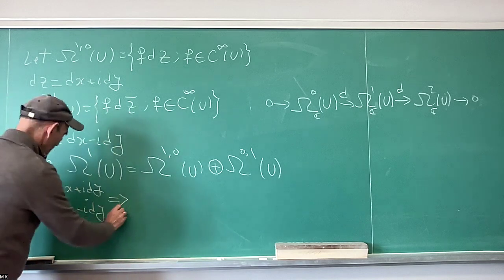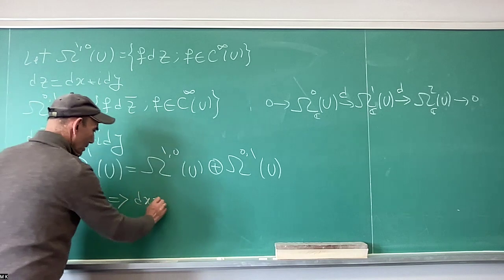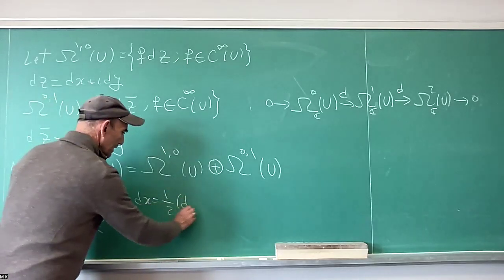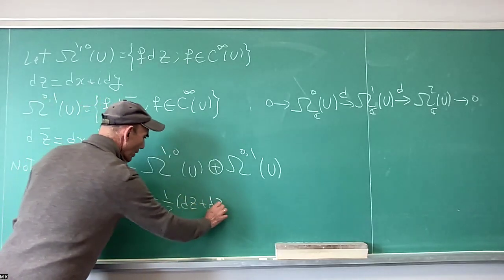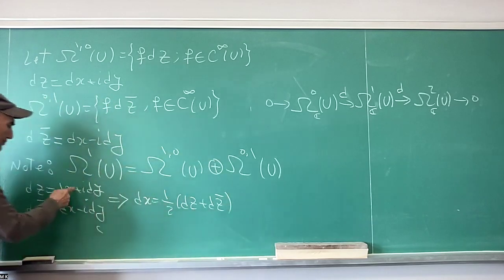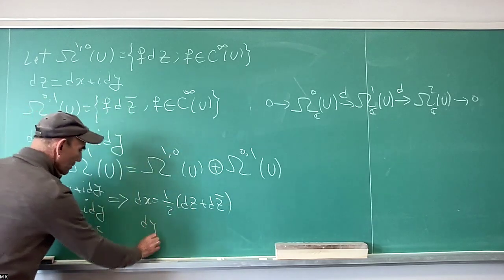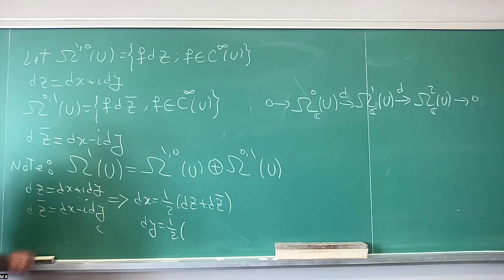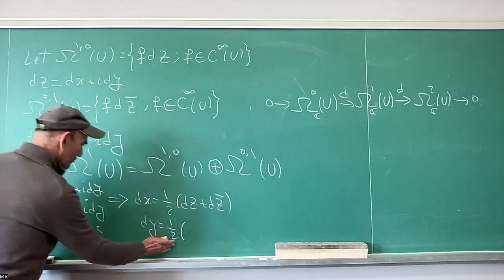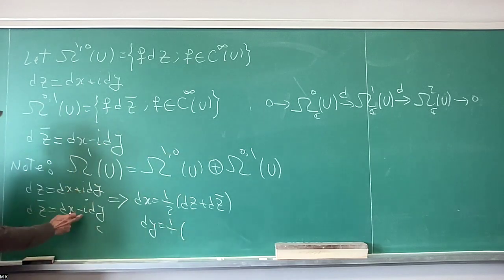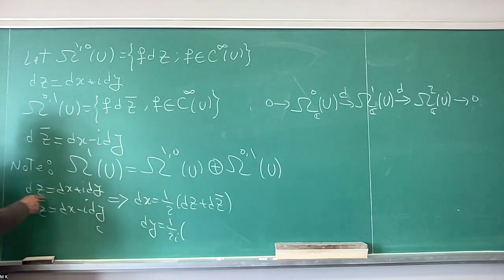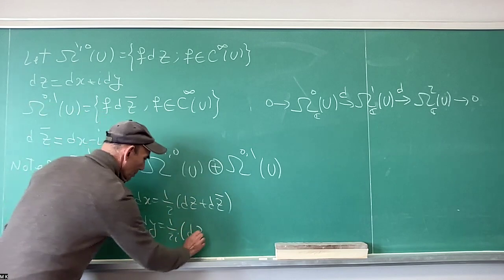Now from here you get that dx is, you just add, half of dz plus dz bar. And if you subtract, you get dy is 1 over 2i, since i and i is 2i, times dz minus dz bar.